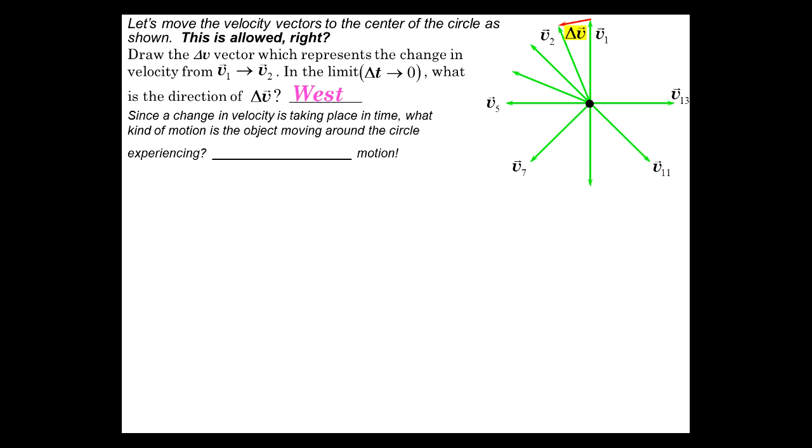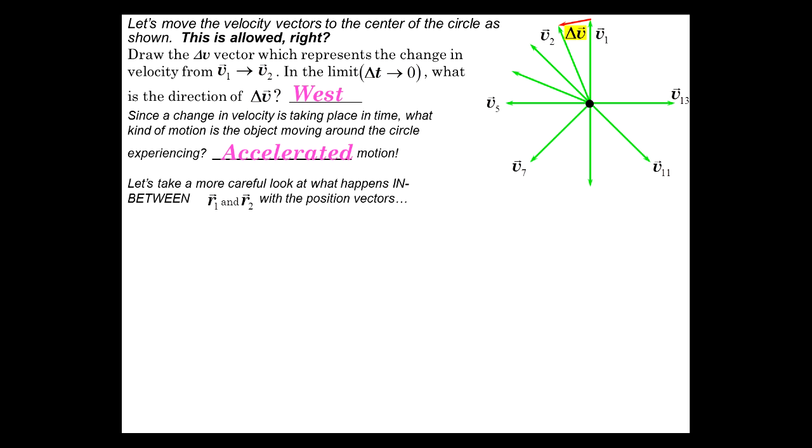So a change in velocity is taking place, right? We're going from v1 to v2. So if there's a change in velocity, the next question is, what kind of motion is the object moving in a circle experiencing? Well, anytime a change in velocity occurs, you remember from basic kinematics definitions that a change in velocity in a given amount of time, delta v over delta t, is the definition for accelerated motion.